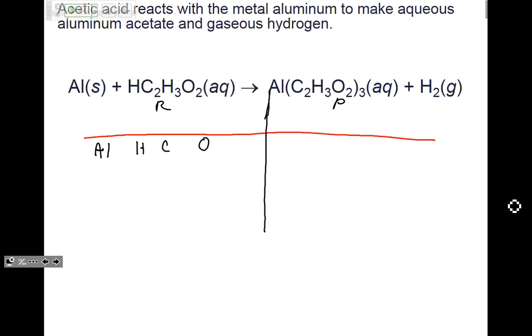It looks like we have more, but we don't. And our product side, we have aluminum, hydrogen, carbon, and oxygen. To be consistent for myself when I'm doing these, I just keep them in the same order. That's really the only reason why I'm doing it, so I don't get lost when I'm doing this balancing.